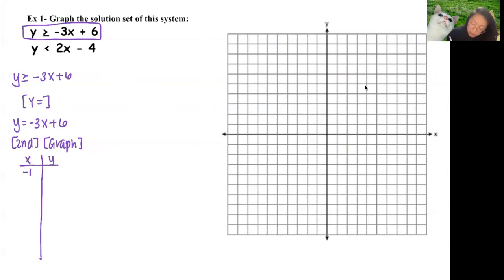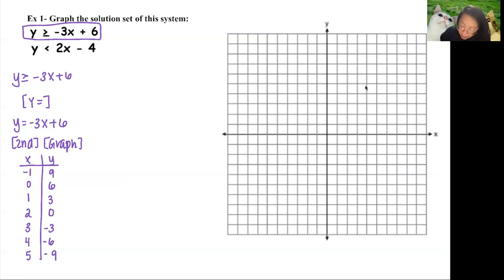Okay, if I put in negative 1, we end up getting a positive 9. 0 gets us 6. A positive 1 gets us 3. A positive 2 gets us 0. And again, I'm not making these numbers up. You get these numbers straight from your calculator. 4 gives us negative 6. 5 gives us negative 9, okay? And then that's where we stop, okay? Because the next point will not fit in our graph.